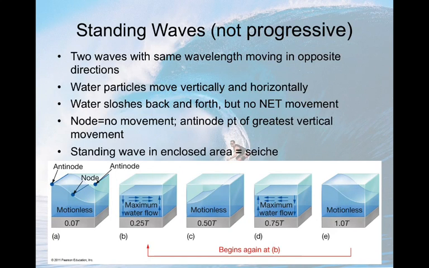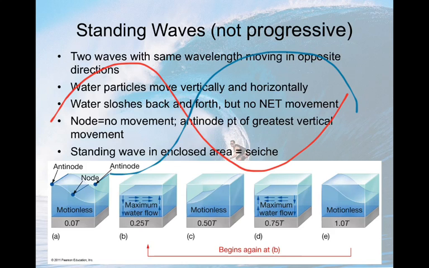So I'll try to draw this right on top of this slide. I'll use red. So you have one perfect wave, and at one point it moves there, and there's another wave, basically the same size, coming back in the opposite direction.